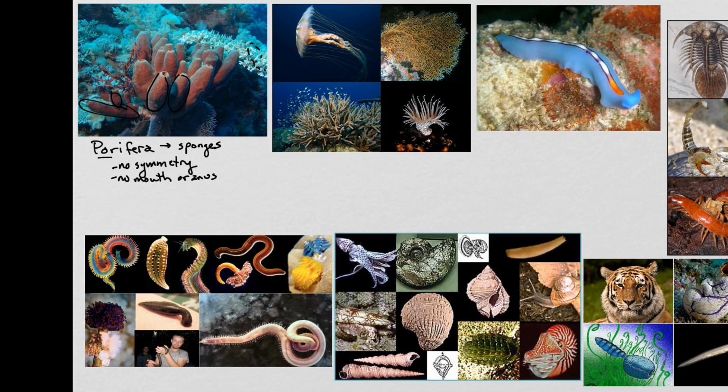Okay? And finally, they may have, this one is a may, so not all sponges share this characteristic. They may have silica or calcium carbonate. Calcium carbonate is what shells are made of.